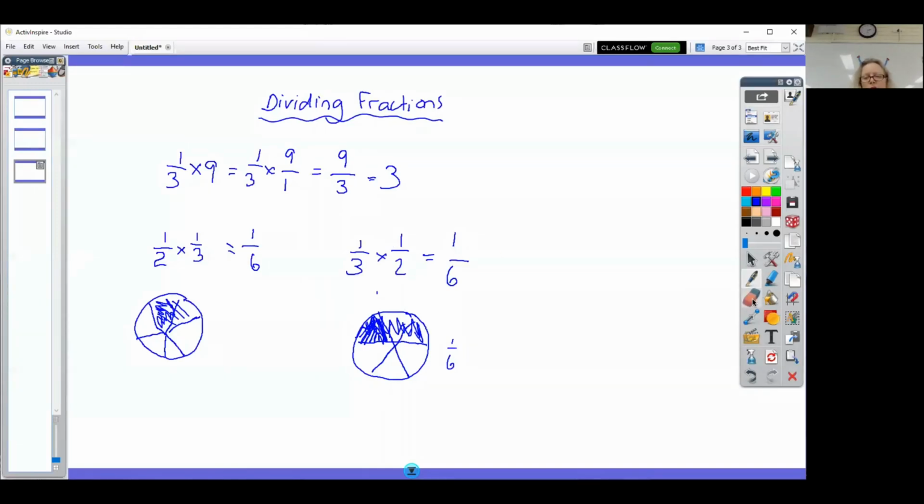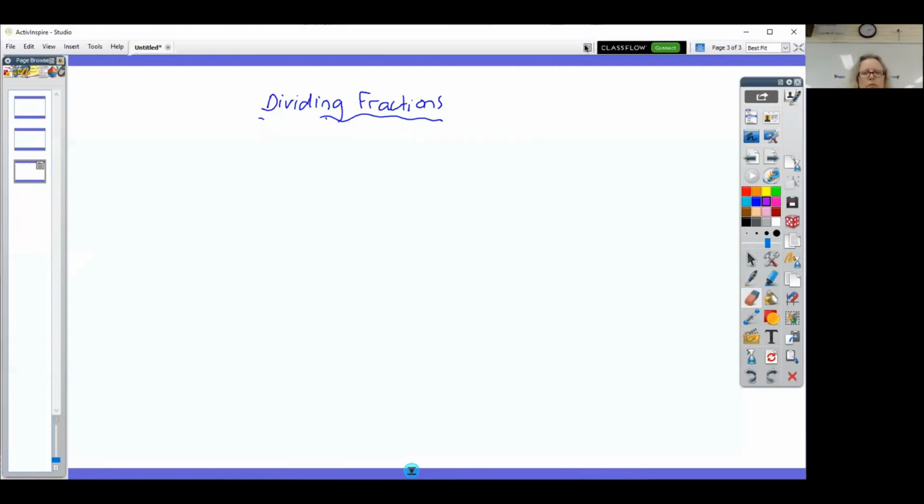But we're here to look at dividing fractions. To understand dividing fractions, we have to start by understanding something called a reciprocal. I'm going to write that down. What a reciprocal means is: what do I multiply this thing by to get the answer of 1?